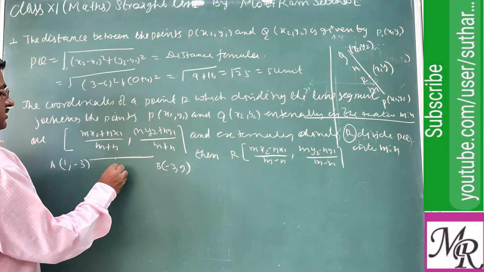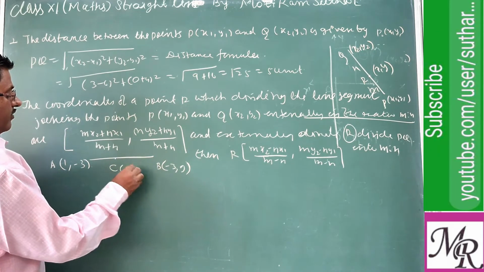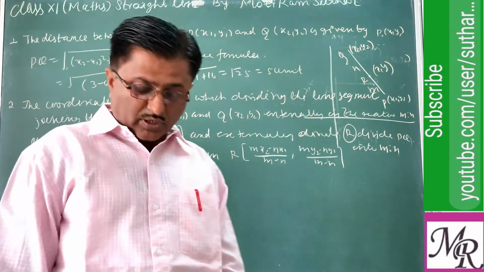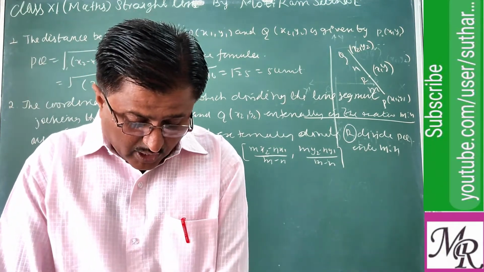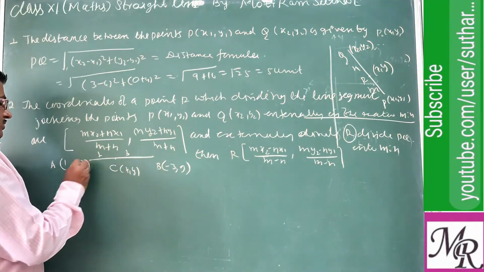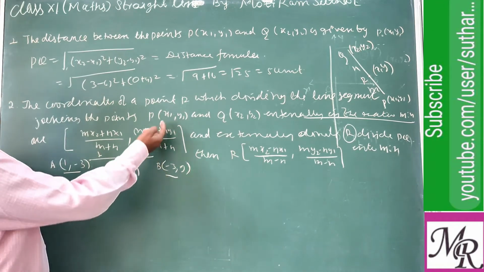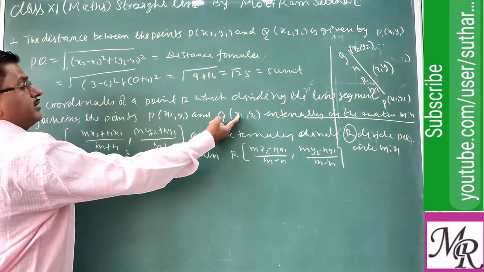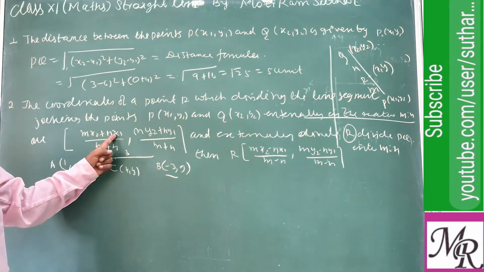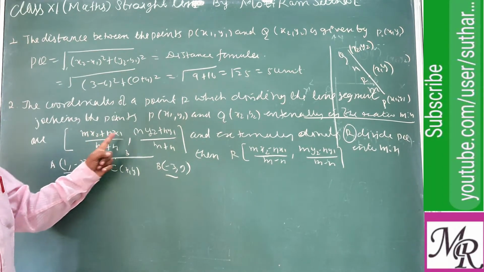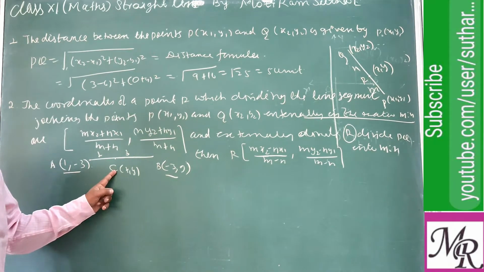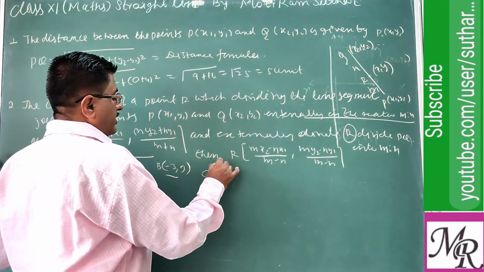Suppose this point is C, whose coordinate we want to find. We are given coordinates of P and Q, and the ratio is also given, that is m and n, x1 x2, y1 y2 given. Then you have to find the coordinate of point C.